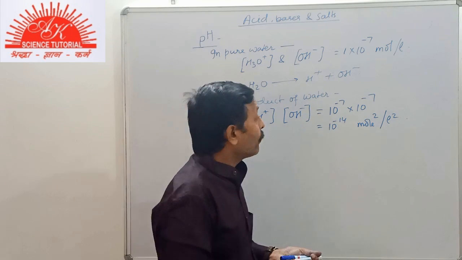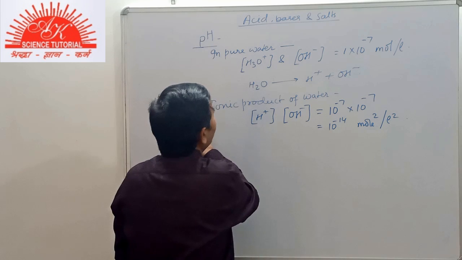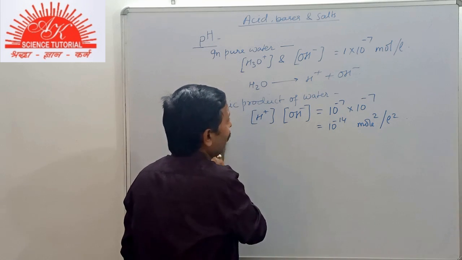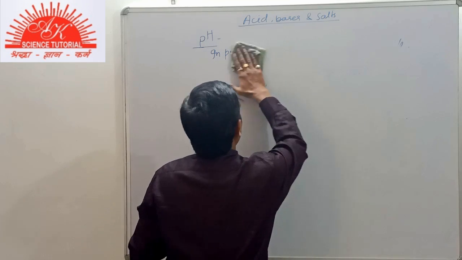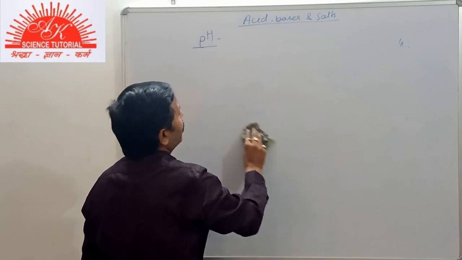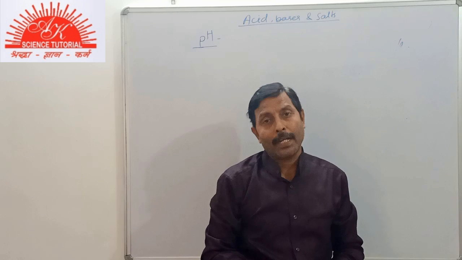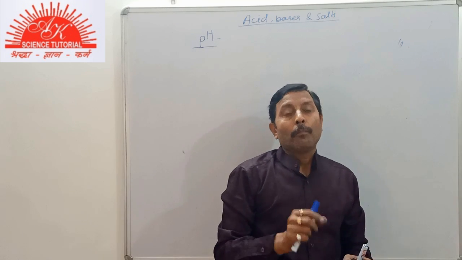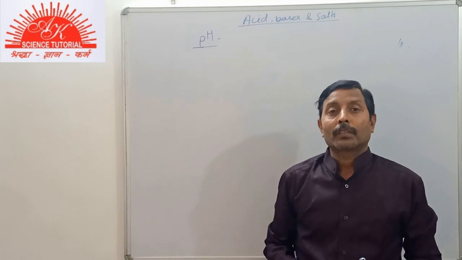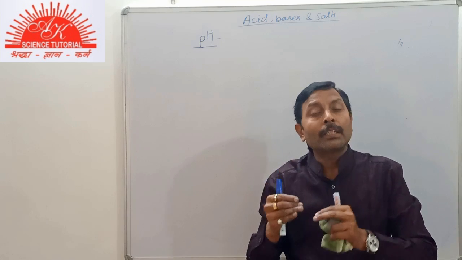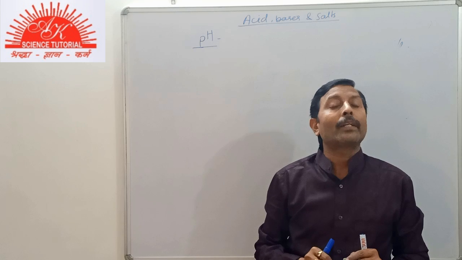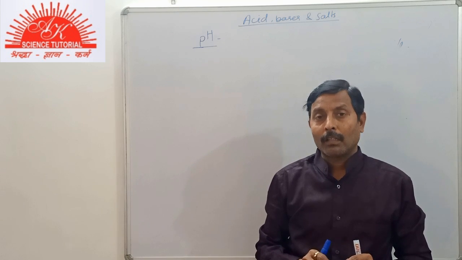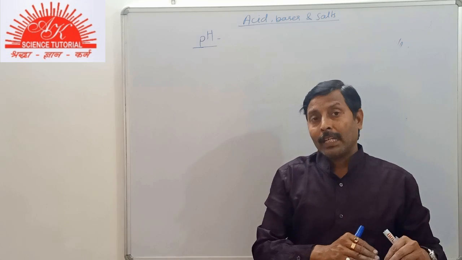Now, on the basis of this, we have to study the pH scale, and we will use it in letter form. Now, what is pH? How is it defined? pH is the negative logarithm of H plus ion or hydronium ion concentration at base 10.